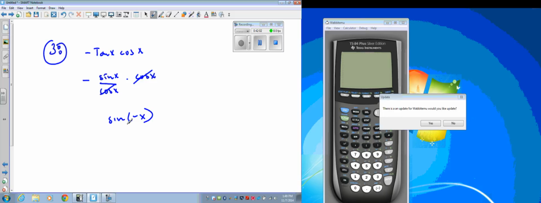Okay, 39. Guess who? Chris. One of your fundamental identities. Look back on that box, page 200. It's just a little bit of manipulation on one of those fundamental identities.